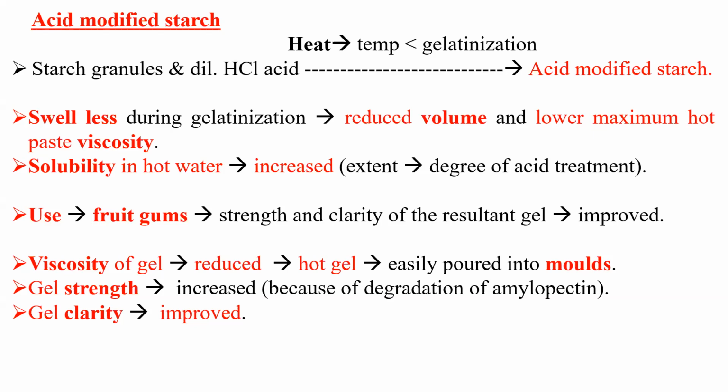In this acid modified starch, the viscosity of the gel is reduced, and because of that, hot gel can be easily poured into molds. Even gel strength has been found to be increased because of degradation of amylopectin, whereas gel clarity is improved, which is demanded for production of fruit gums.